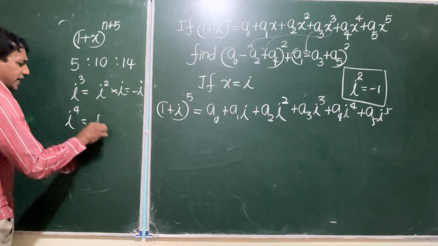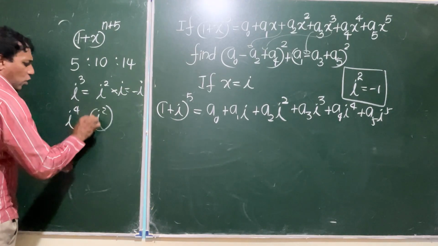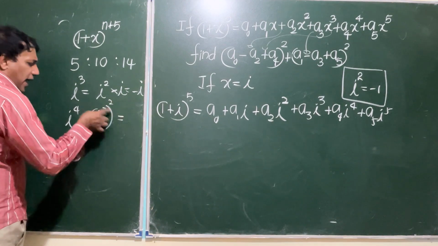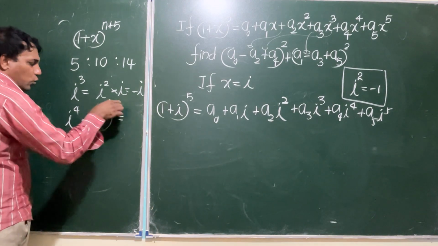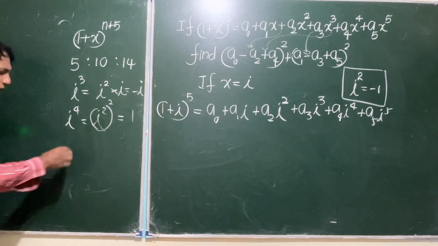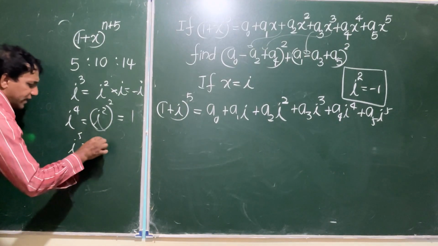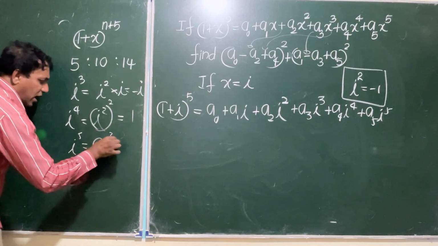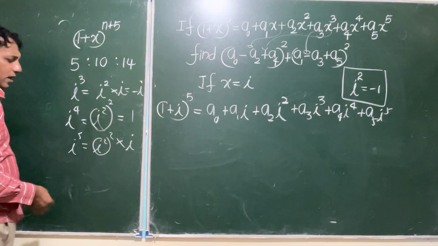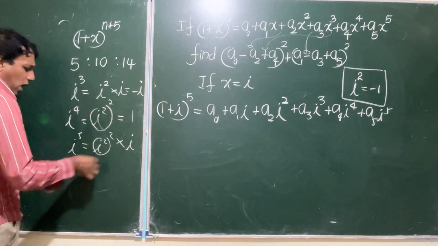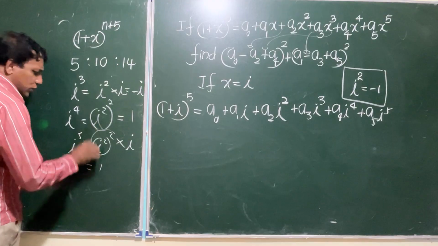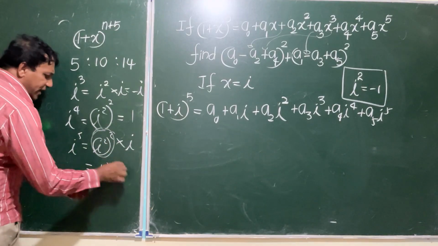I square into I square, that is minus 1 squared, which is plus 1, right? What is I to the power 5? That is I to the power 4 into I, so I power 4 is 1, and I, that is I.